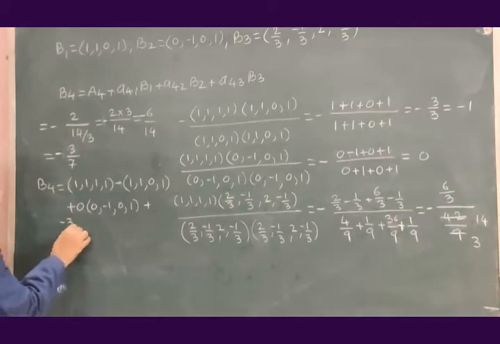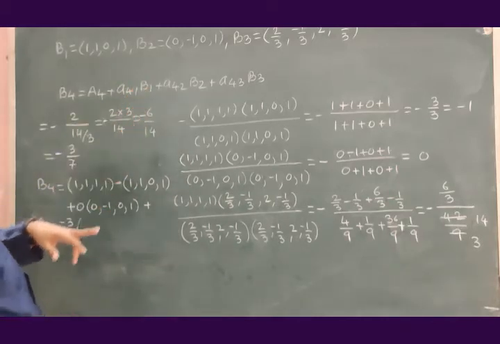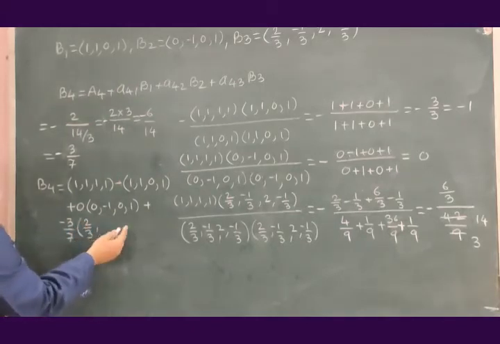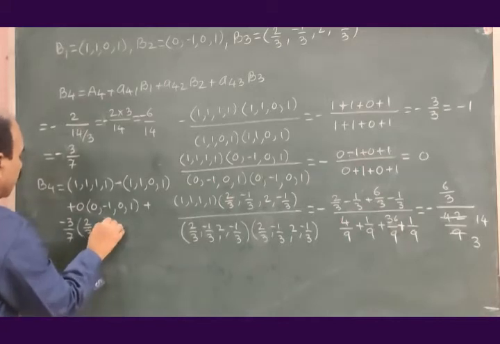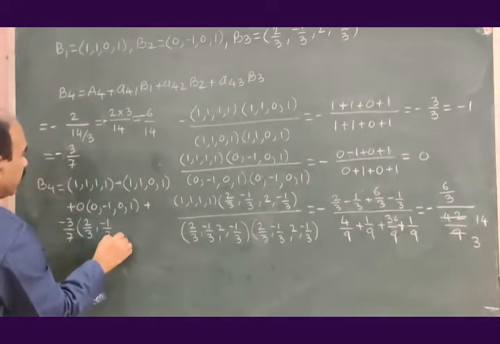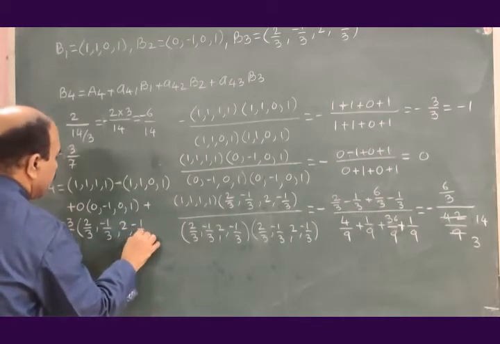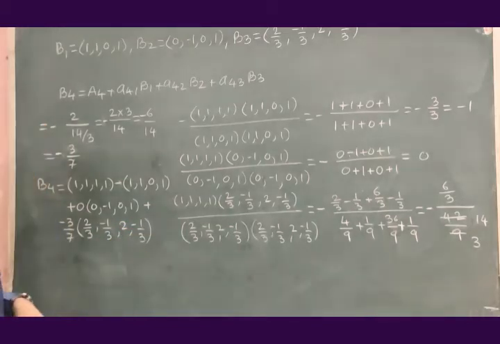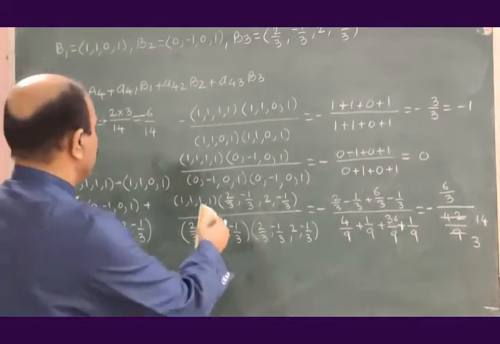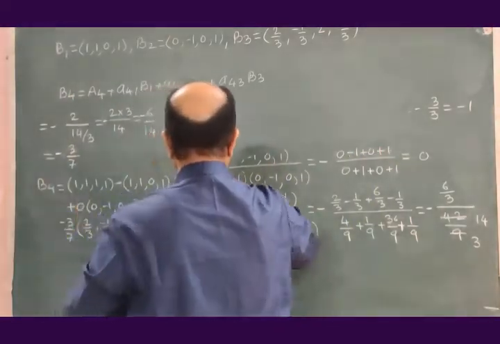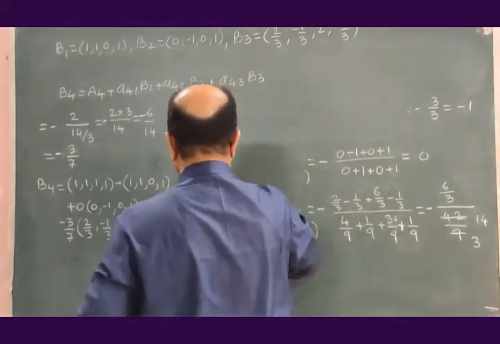Minus 3 by 7 into B3, it is there 2 by 3 comma minus 1 by 3, 2 minus 1 by 3, and let me wipe it out so that I can continue these calculations for B4.